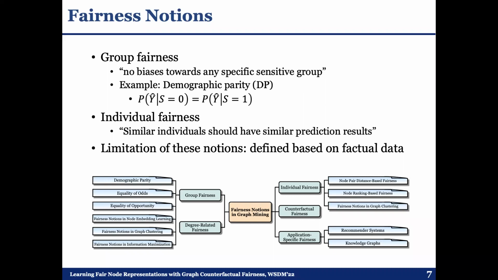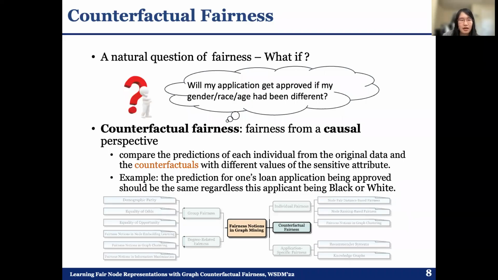But all these fairness notions have a limitation because they are defined only based on the factual data. However, maybe we can consider a more natural question of fairness: what if? People will think, what if my gender or race had been different? Will my application get approved if my sensitive attribute had been different?